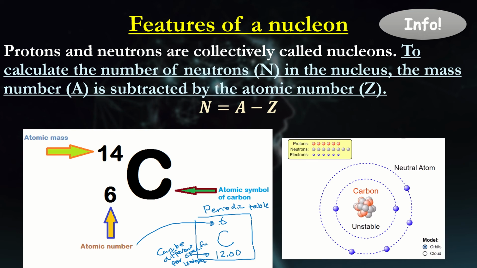Now this 6 is the thing that will dictate the type of element you're looking at. So this is the number of protons you're dealing with. If I have a different number, then it's no longer carbon that I'm looking into. But if this number changes, that doesn't necessarily mean I'm dealing with a different isotope. So keep that in mind.